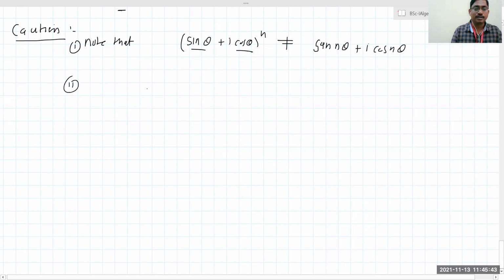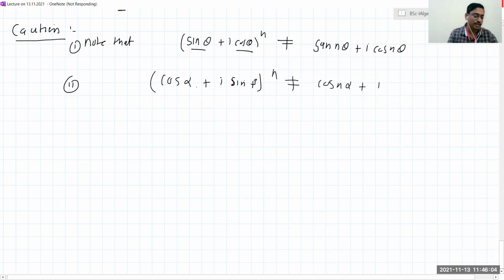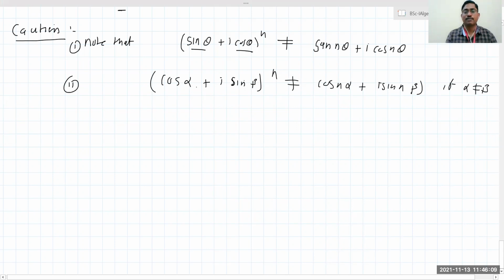Second, if I take cos alpha and imaginary part as sin beta, if alpha and beta are different, this is also not equal to cos of n alpha plus i sin n beta. So these two are the things we have to take care of. So the angle must be the same for cosine and sine, and cos must be the real part and sine must be the imaginary part. Then and only then De Moivre's theorem holds very well.